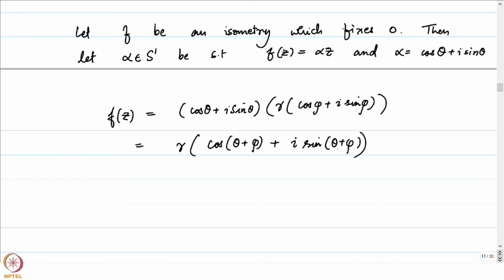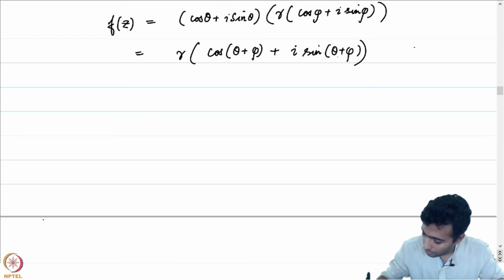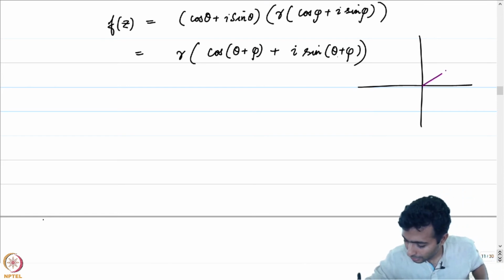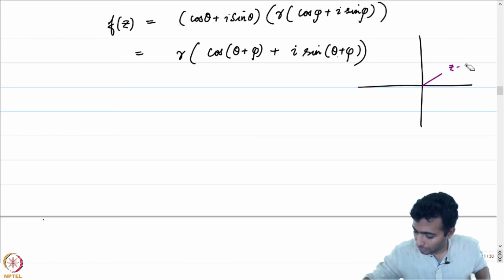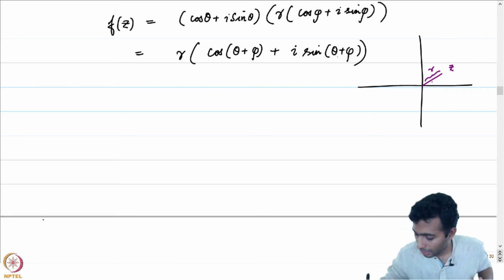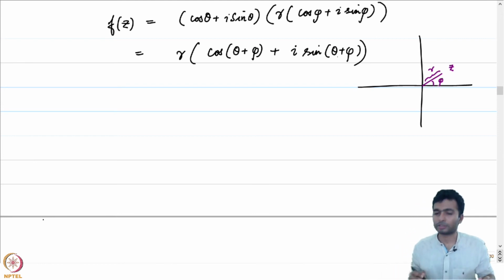So let's draw pictures again. Let's now see how this turns out geometrically. So let's draw the axis. Let's pick some vector z. So this is our z, the magnitude of z is equal to r, and the angle here is phi.